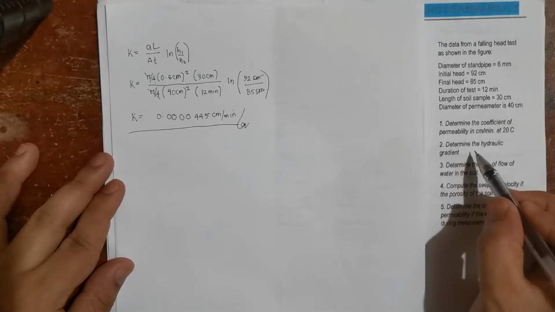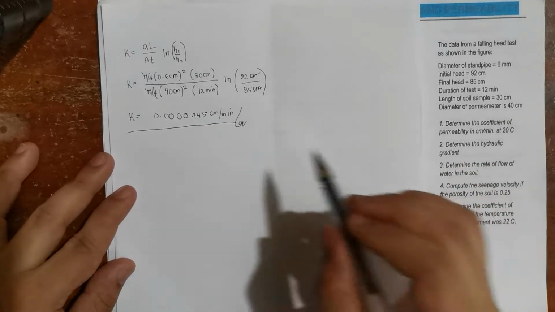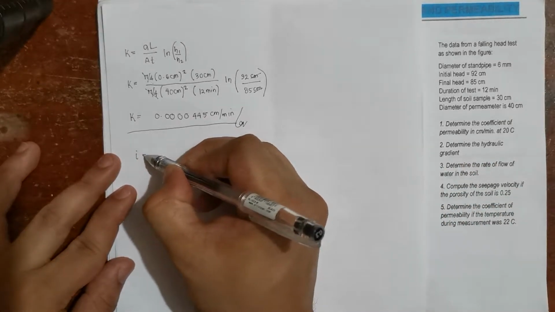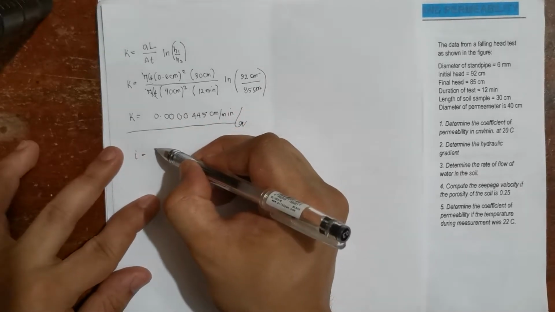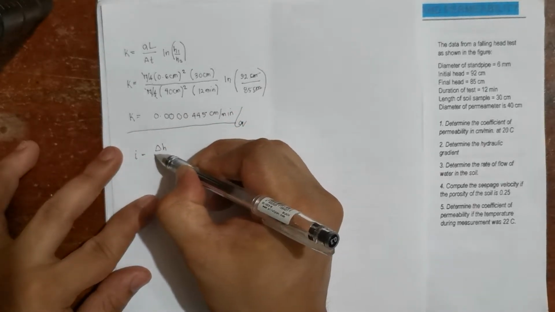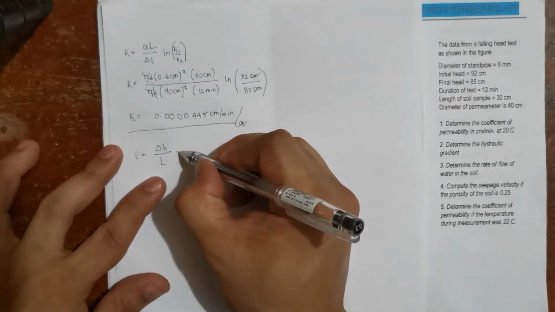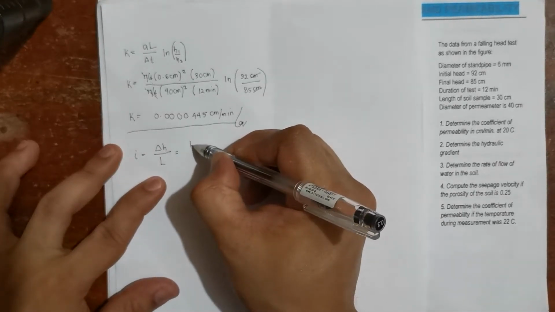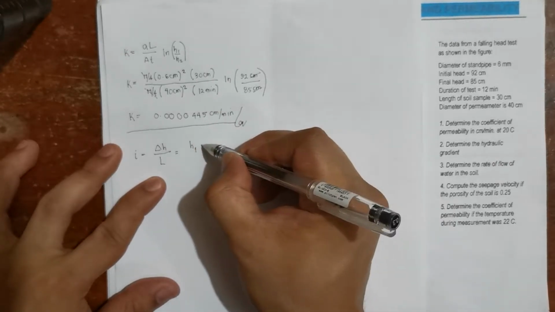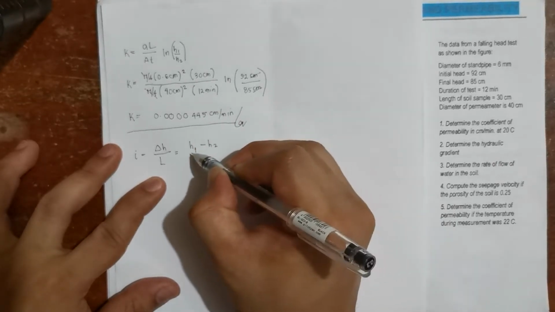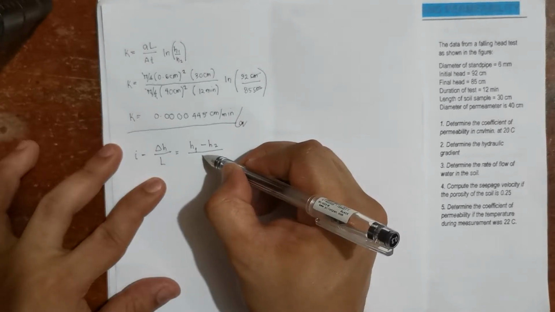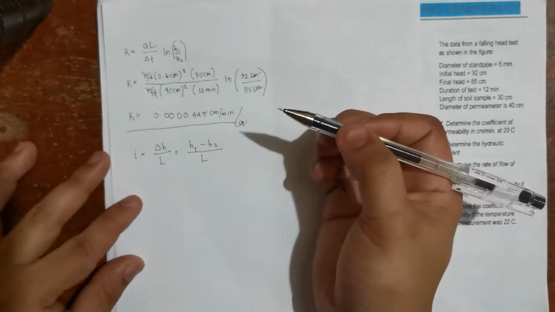Second requirement, hydraulic gradient. And the hydraulic gradient for a falling head test is the head loss over the length of the specimen. And head loss is equivalent to the difference of the initial head difference and the final head difference, and that is over the length of the specimen.